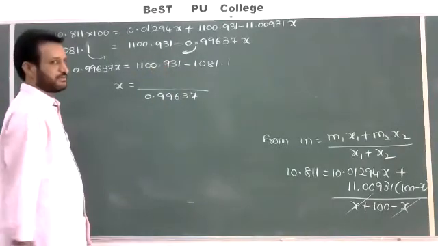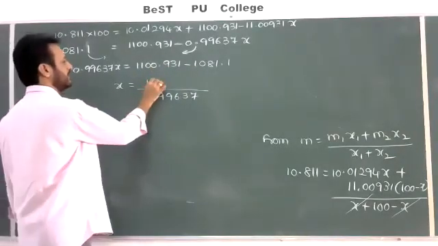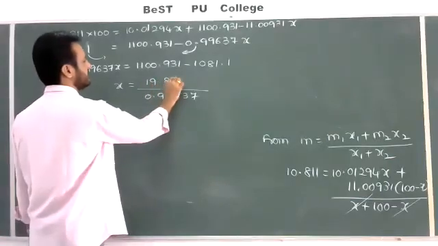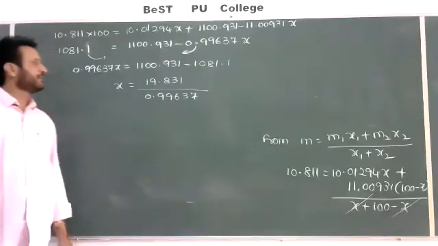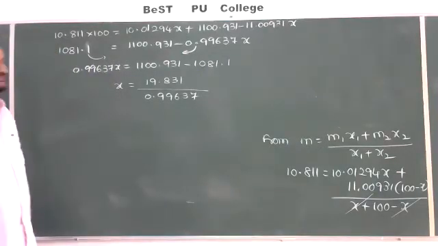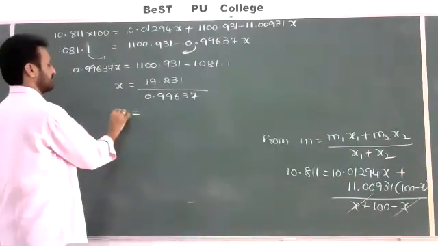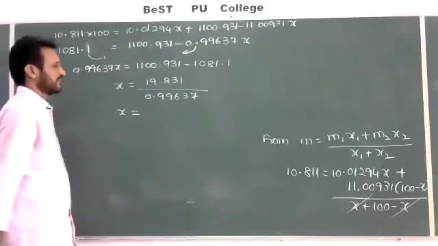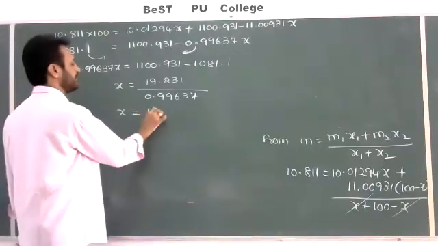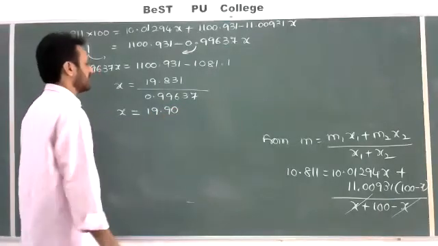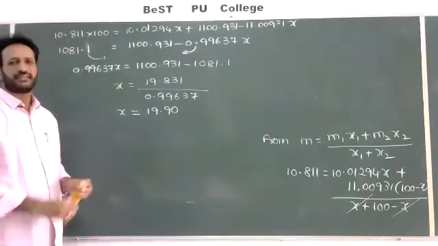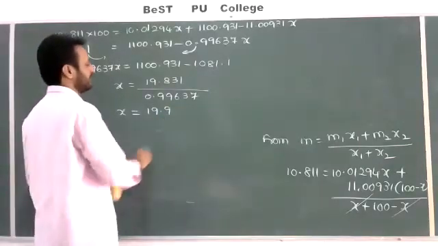After subtracting, how much? 19.831 divided by 0.99637. That is 19.90, approximately 19.9%. We can write 19.9%.